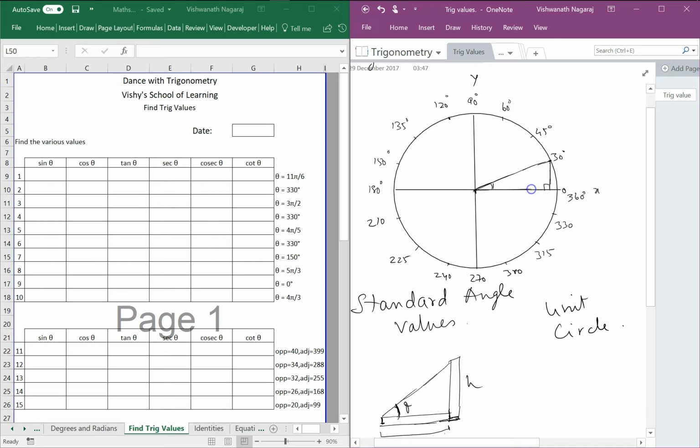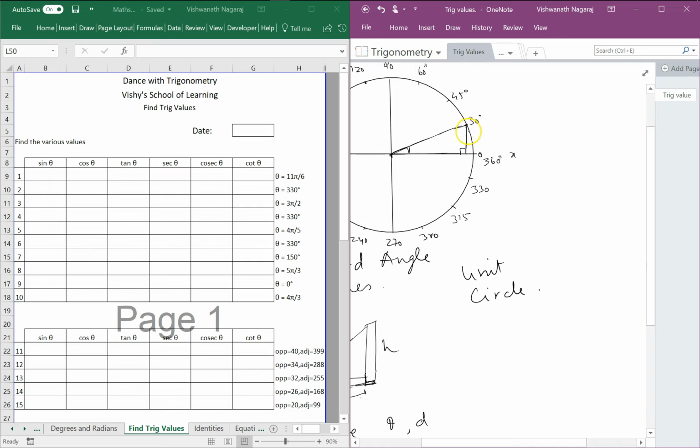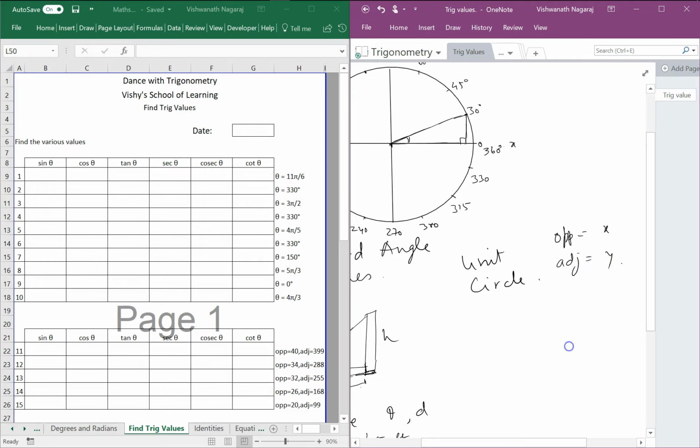You need to know the value of x and y. From here till here, let's say x coordinate, and this has to be y value. So opposite side is y, adjacent is x. Okay, let's say these are the values.